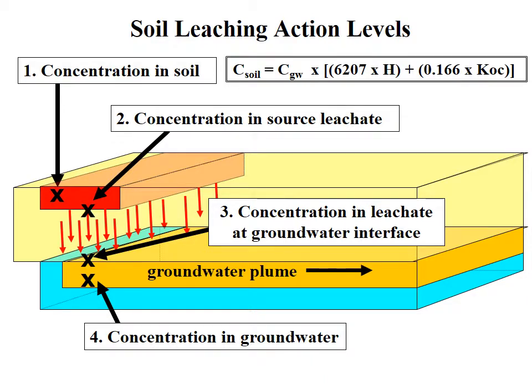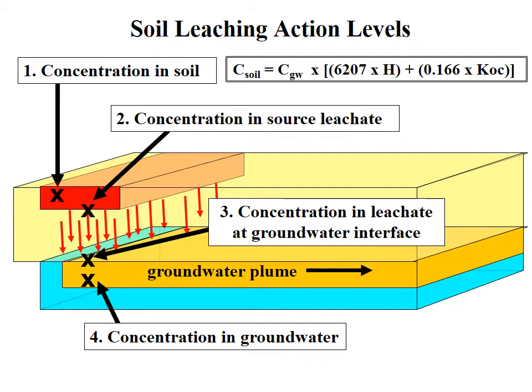So now, based on this, from a leaching standpoint, if you're looking at leaching from a forward model, first you look at the concentration of contaminant in soil, and then the model would predict the concentration in the source leachate, that dissolved phase fraction that's leaving the contaminated soil migrating downward, say with rainfall. And then step 3, the model predicts the concentration of contaminant in leachate at the groundwater interface.